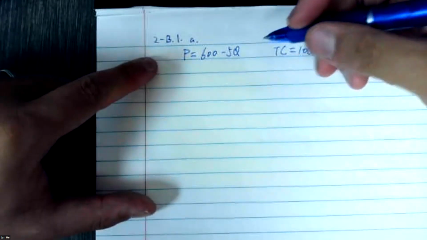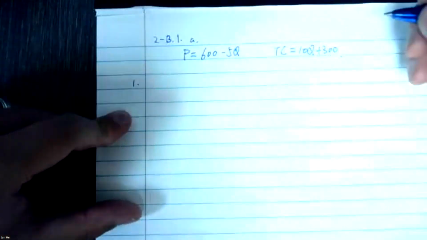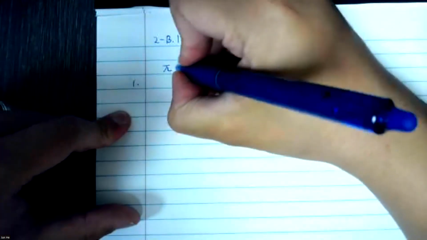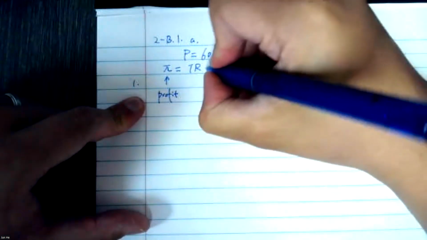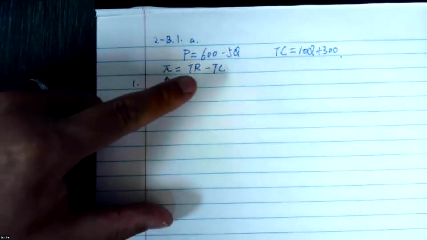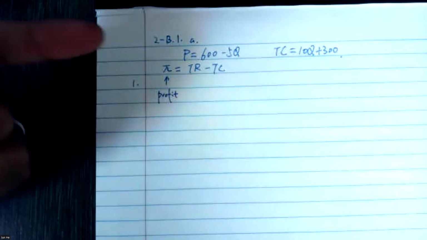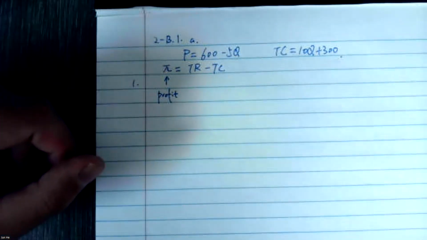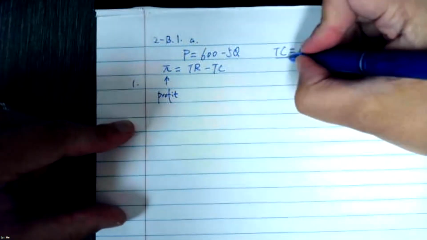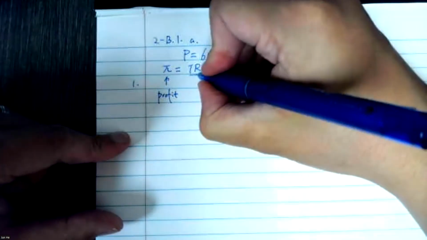So here, first, in order to find out the profit, where pi is profit, we need to find total revenue and total cost, because the difference of them is the net gain, which is the profit, right? Total cost, we already have. Then we need to find the total revenue.